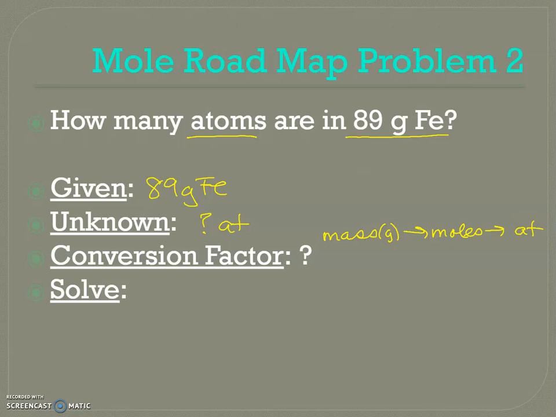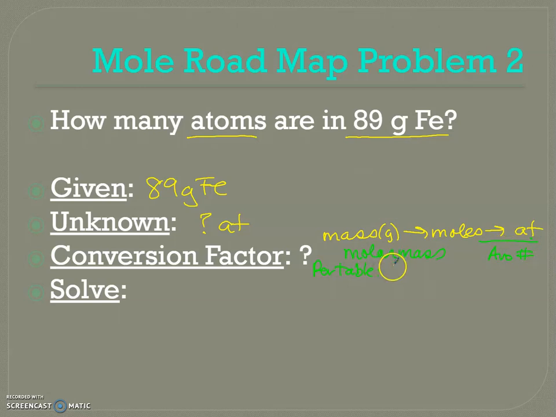So how do I get from mass to moles? Molar mass. So I look on my periodic table for that. And my moles to atoms, that one right there, that's going to be my Avogadro's number.